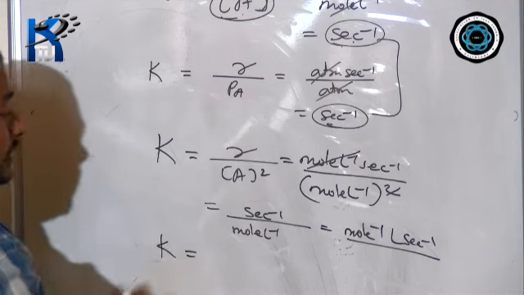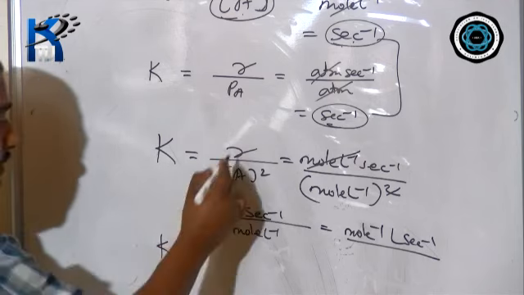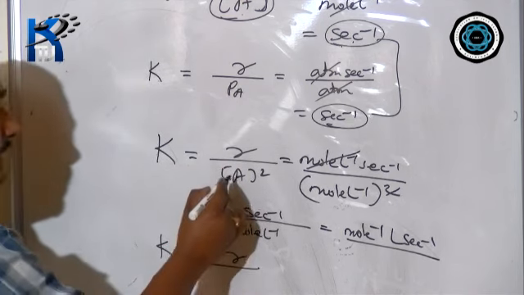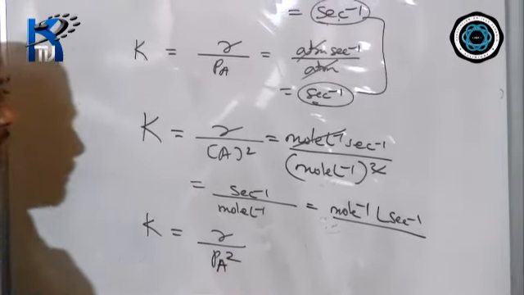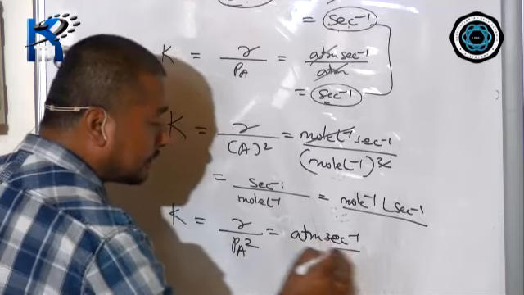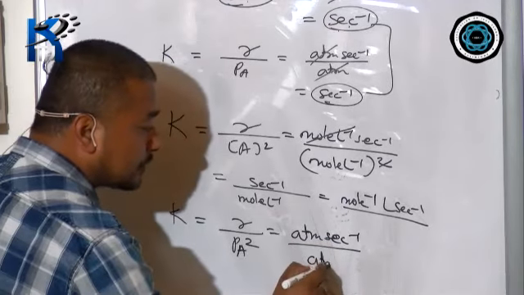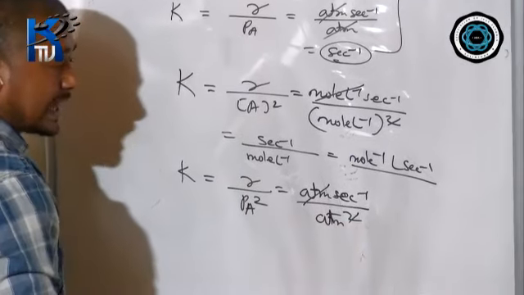Similarly, for gaseous reactant or product, what will be the expression for second order? R will remain as R. Instead of concentration of A, we write pressure of A, and since it is second order, we write power 2. The unit of R for gas is atmosphere second inverse, and that for pressure is atmosphere, and because of the square, I am writing square here. So, atmosphere and atmosphere will get cancelled, one each.